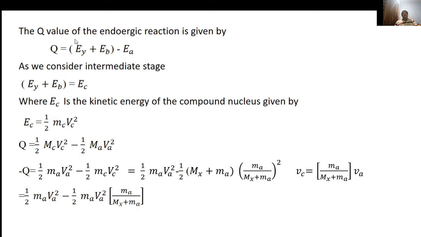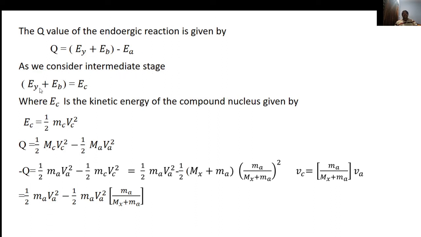The Q value of endoergic reaction is given by Q is equal to Ey plus Eb minus Ea. Here we considered the intermediate stage.